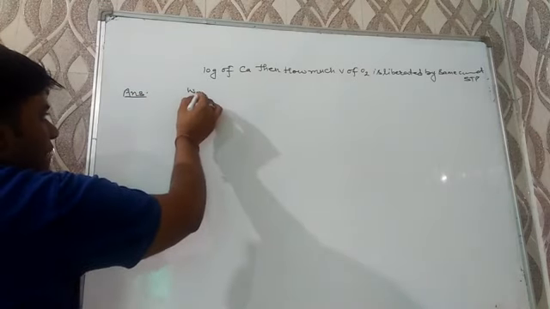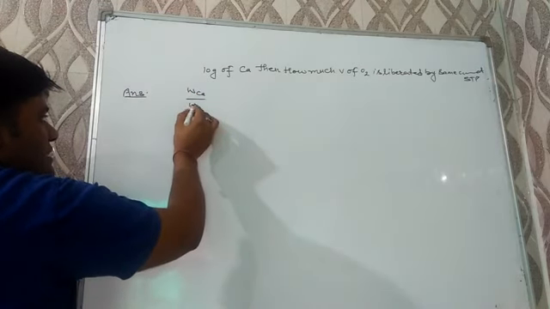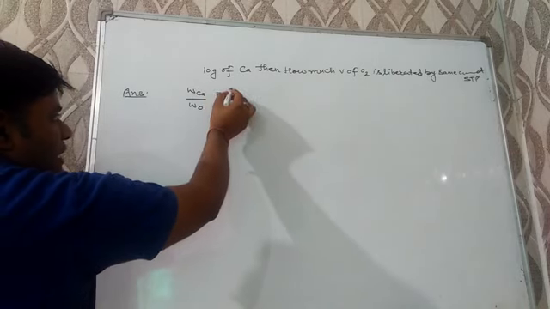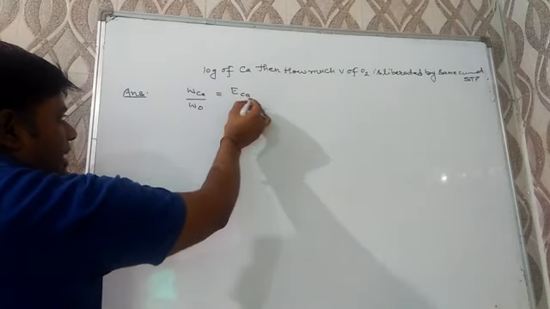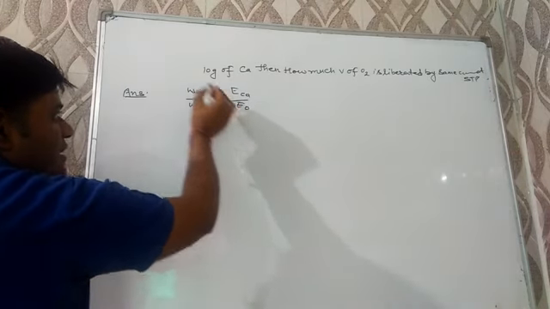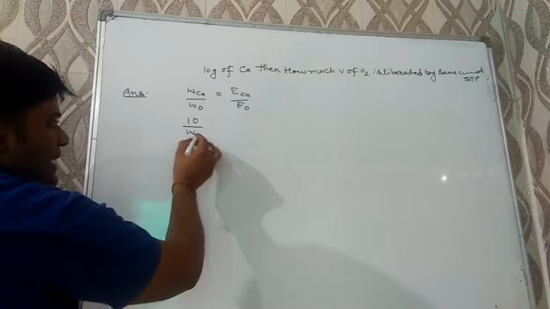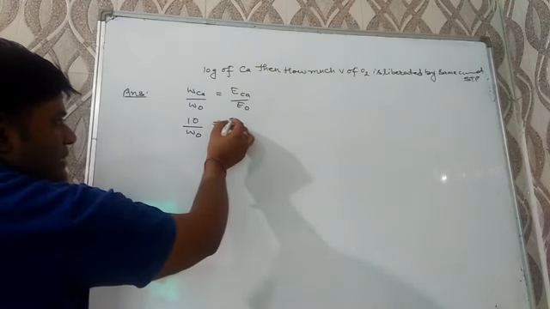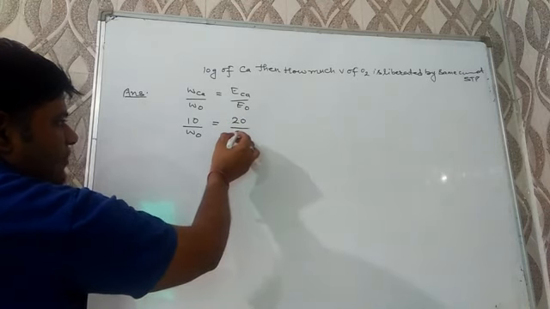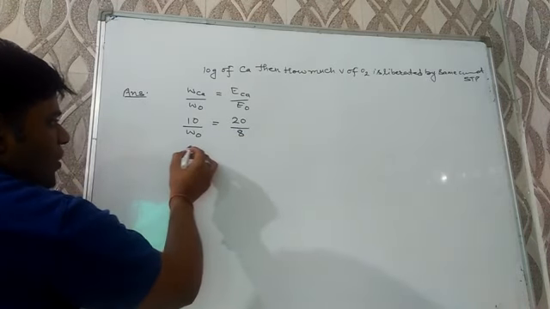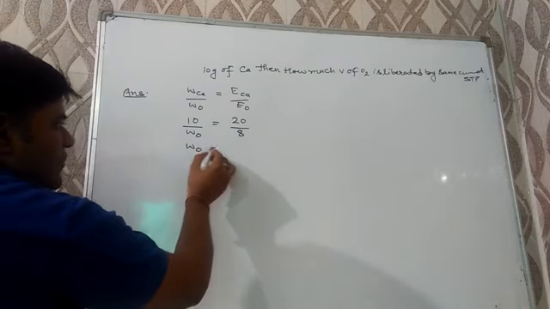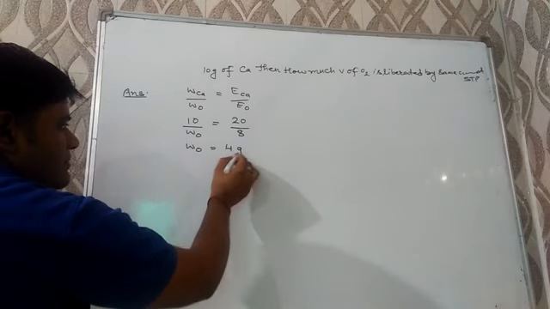Formula used will be weight of calcium over weight of oxygen, that is equal to equivalent weight of calcium over equivalent weight of oxygen. Weight of calcium is 10, weight of oxygen we need to find. Equivalent weight of calcium is 20, equivalent weight of oxygen is 8. On simplification, we will get weight of oxygen is 4 gram.